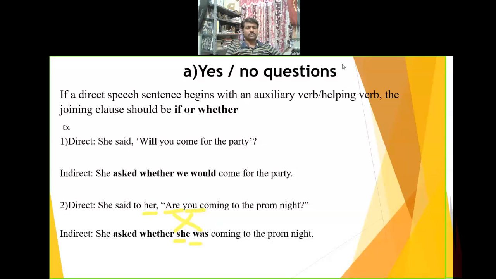Remove the inverted commas and the comma, and remove the question mark. Everything you have to change. And then, in place of the conjunction that used in assertive sentences, if there is a WH word, put the WH word itself, or if it is a yes or no question, you have to put if or whether. You have to put these points.